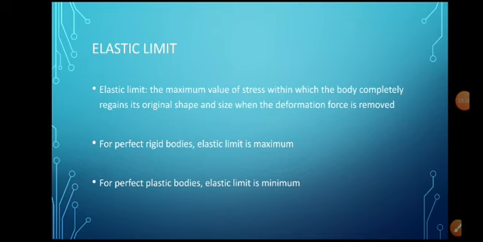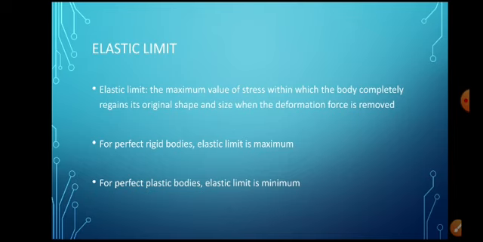There will be permanent deformation if you continuously apply force on the body. So up to a certain maximum value it regains its original shape. Beyond that maximum value it gets permanent deformation.